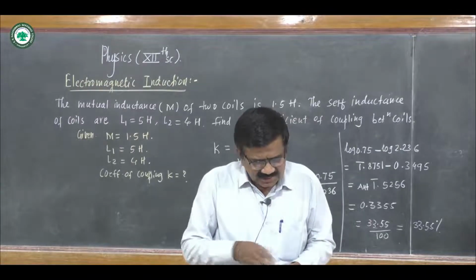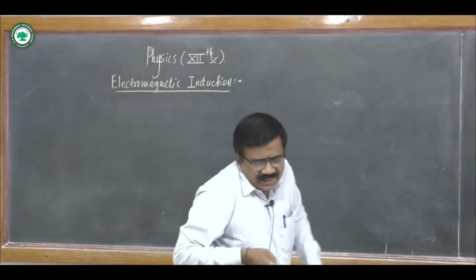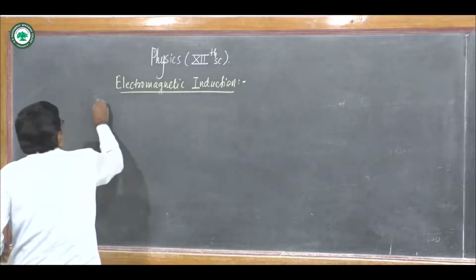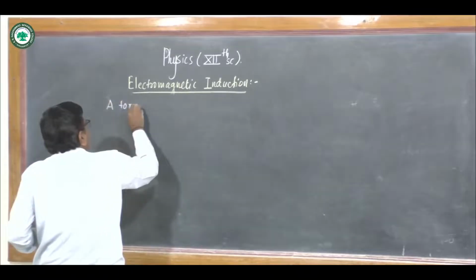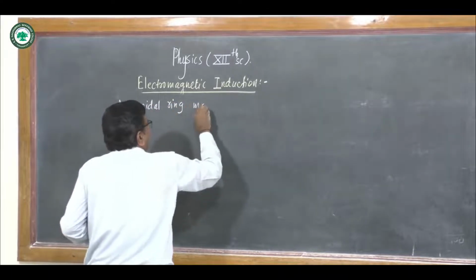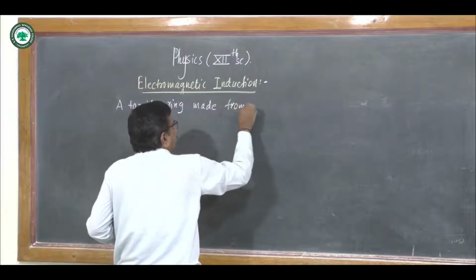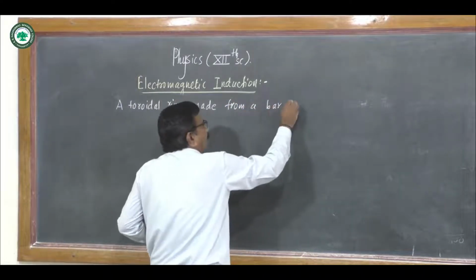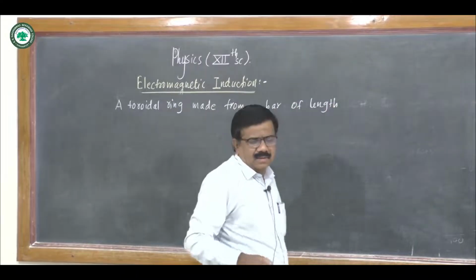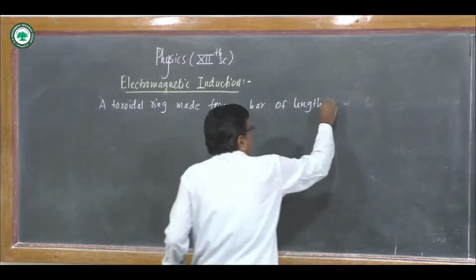Here, these numericals are also very simple. A toroidal ring made from a bar of length 1 meter and diameter 1 centimeter.